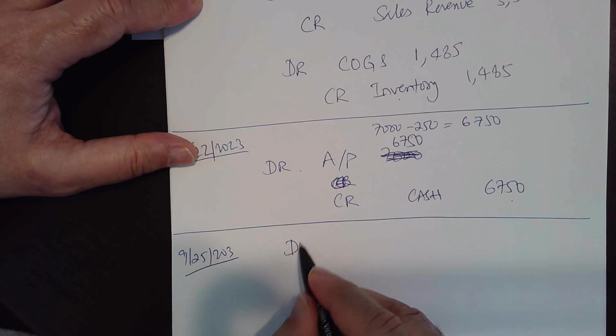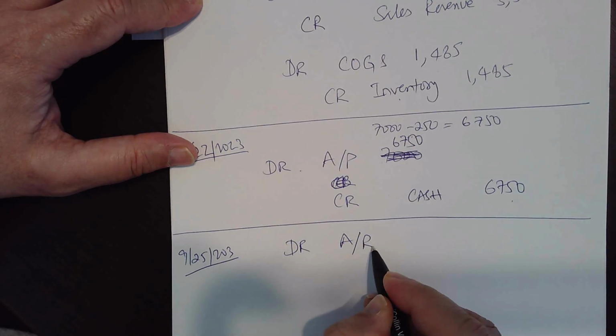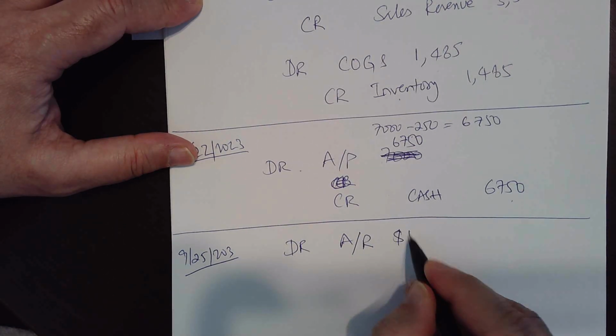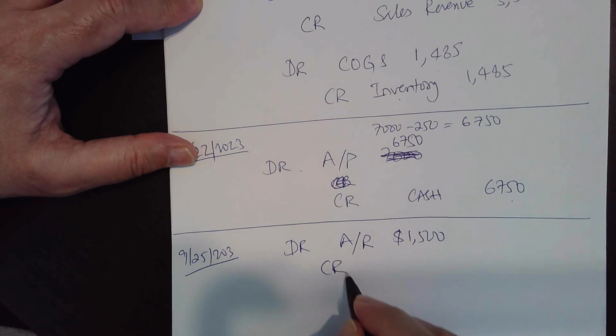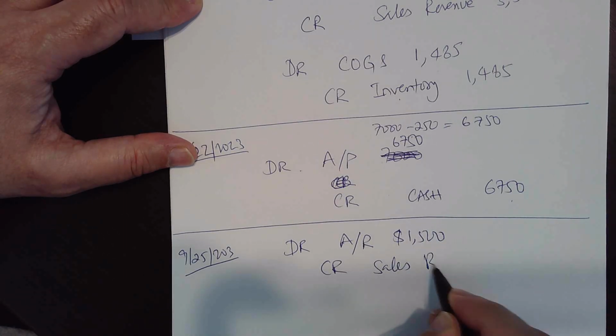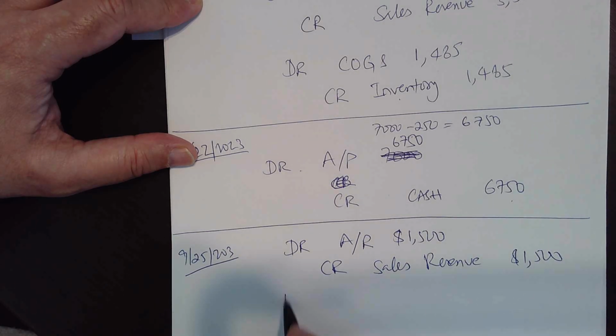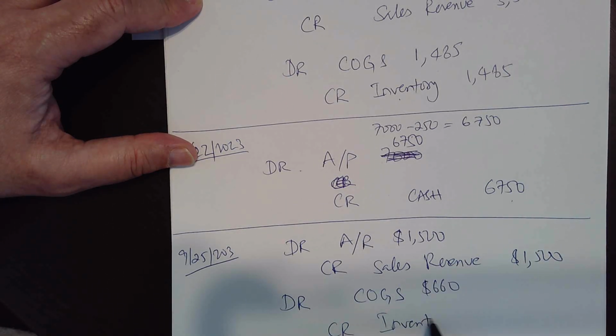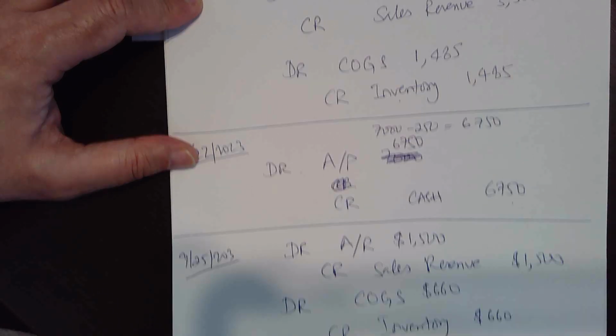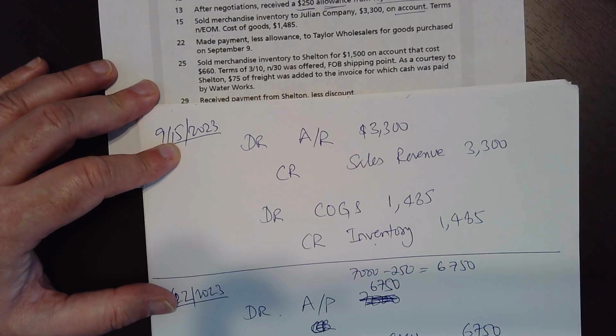So debit accounts receivable for $1,500, and we credit sales revenue for $1,500, and then we're going to debit again cost of goods sold $660, and we credit inventory for $660. That happens in these first two lines.